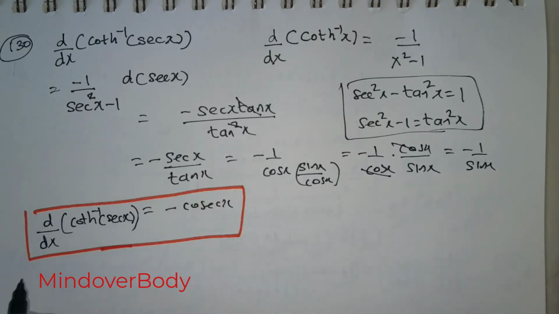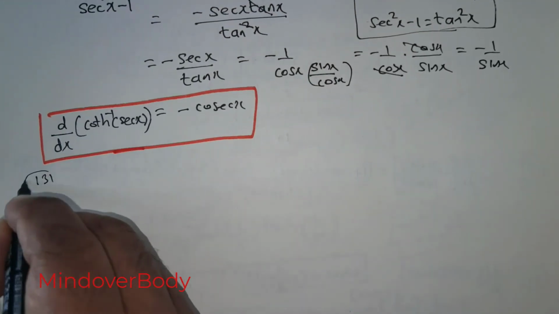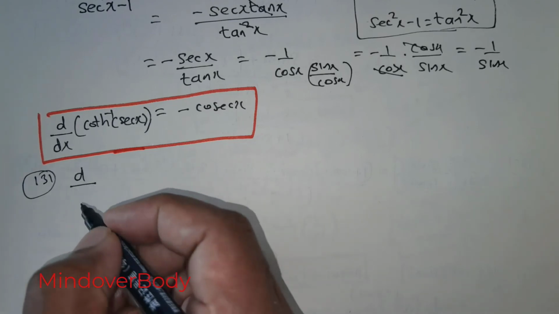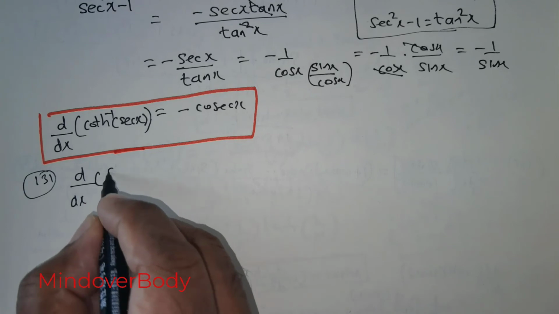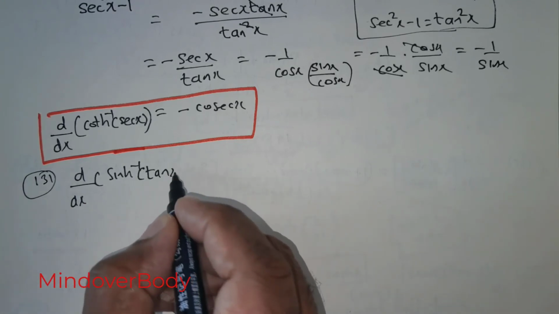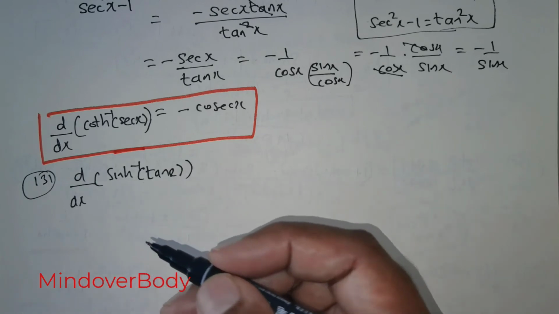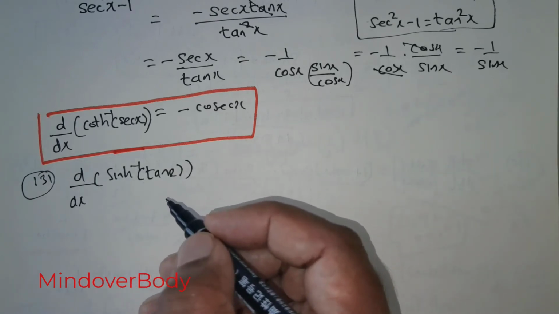Now moving on, question number 131. If we were asked to obtain the differentiation of, say, sin inverse of tan x, what will we do? Now we will have to use this formula, right?